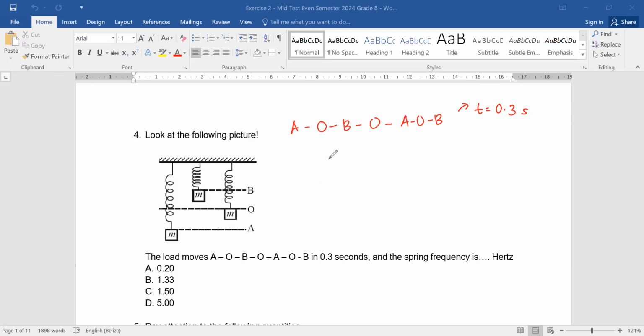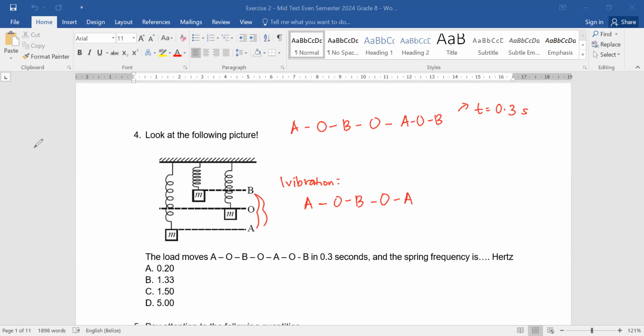So we need to know how many vibrations it is, right? So we start to check one vibration. It moves from A, and then O, and then B, and then O, and then back to A. So this is already one vibration. So from here, here, and then back here and here.